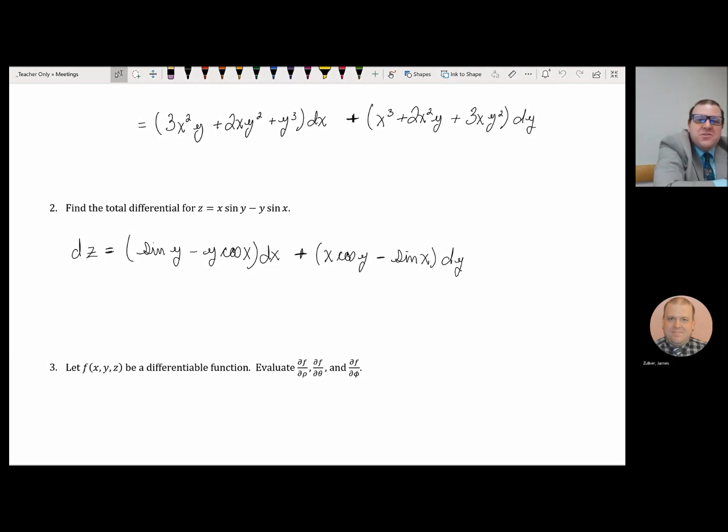We're given a differentiable function f of x, y, z. We want to evaluate the spherical partials. Right, so we want partial with respect to rho, partial with respect to theta, and partial with respect to phi.